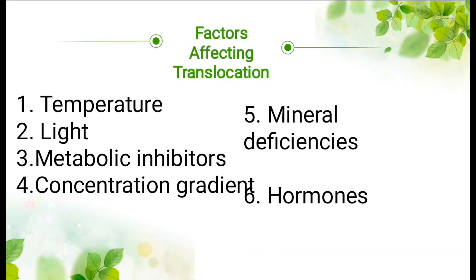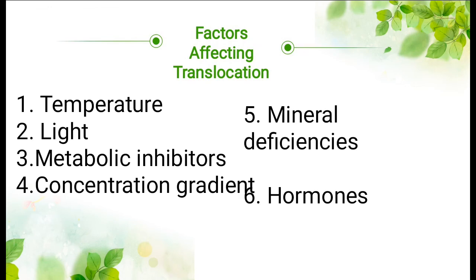Factors affecting translocation. Number 1. Temperature. The rate of translocation increases with temperature to a maximum and then decreases due to the hazardous effect of high temperature. Number 2. Light. Carbon dioxide assimilation increases as the light intensity increases.